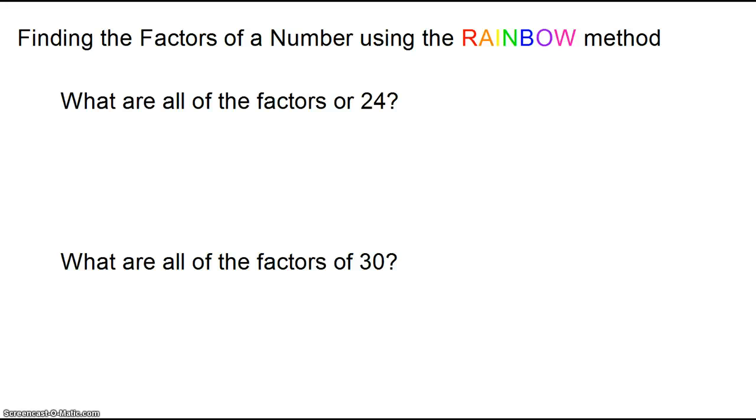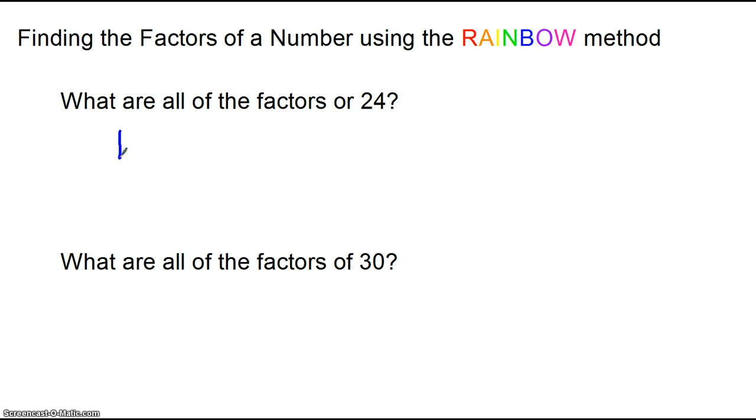So let's go over how to find the factors of a number using the rainbow method. I remember some of you told me that you used this last year in 6th grade, so this should be pretty familiar to you. If I'm trying to find all of the factors of 24, the number that I always start counting with is 1, okay?